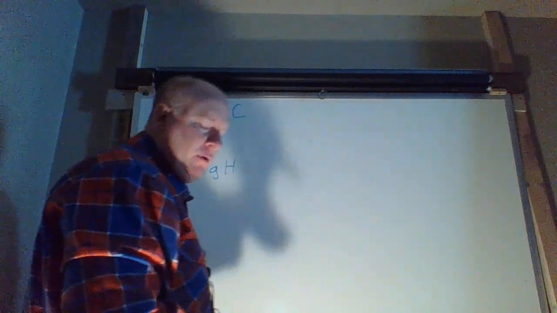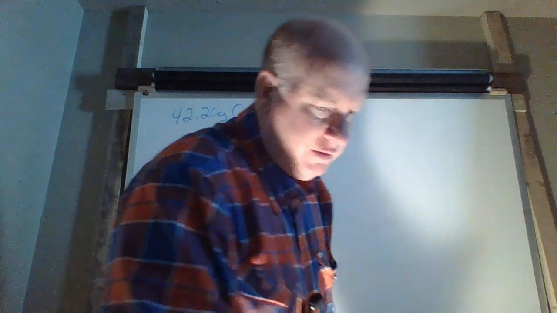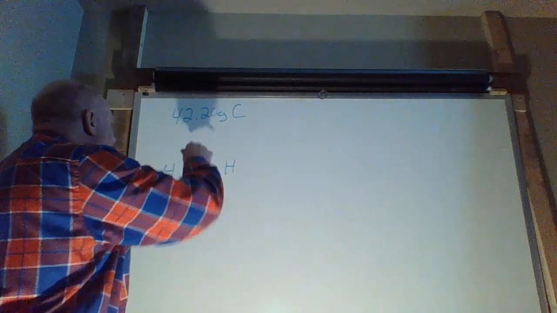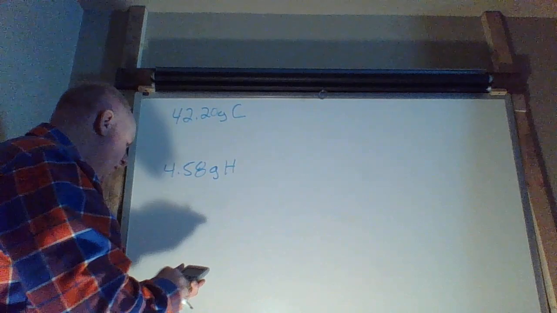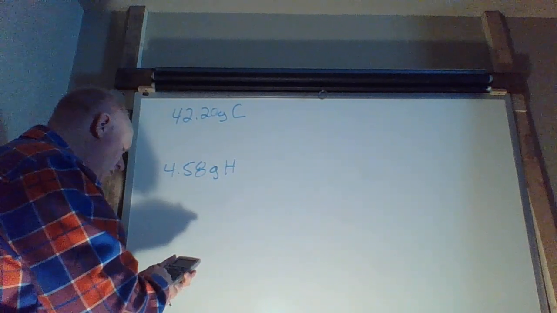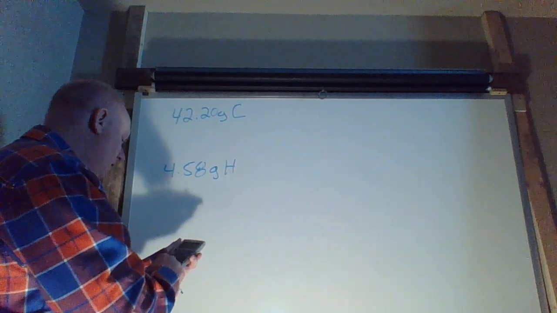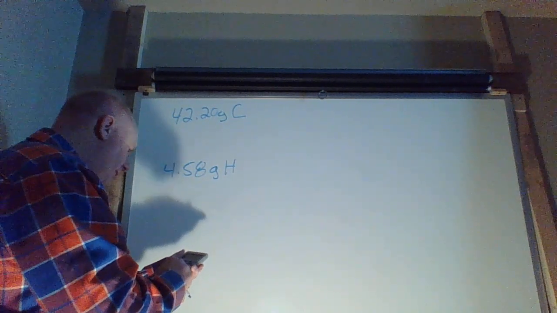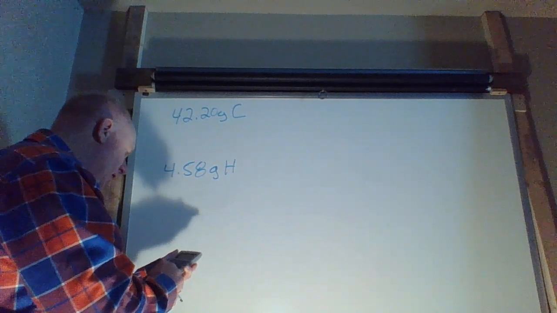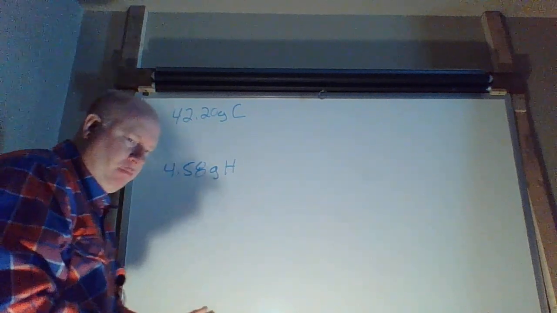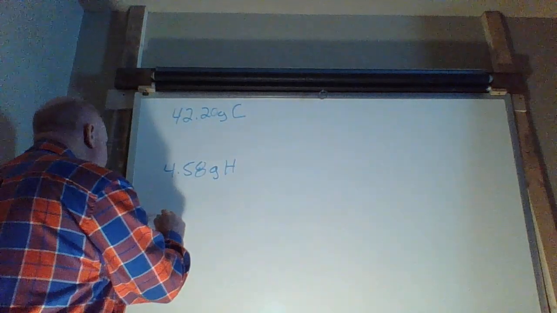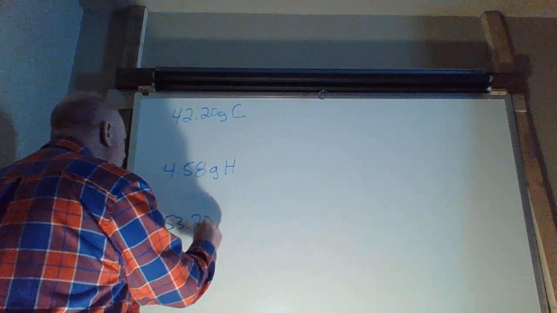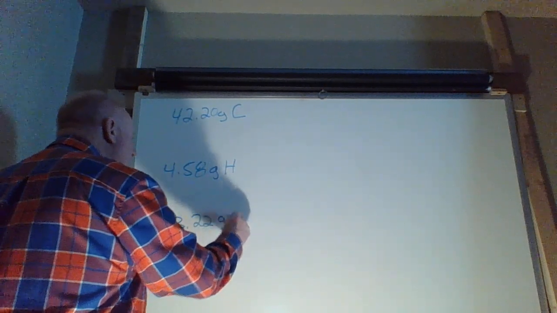Then if we were to say the rest was oxygen, what you would do is add them two together and then subtract from 100, which would be fairly difficult to do in your head. 42.2 plus 4.58, and we subtract that from 100 and it gives us 53.22 percent oxygen. So 53.22% or grams of oxygen.